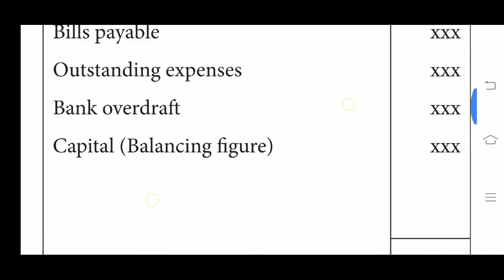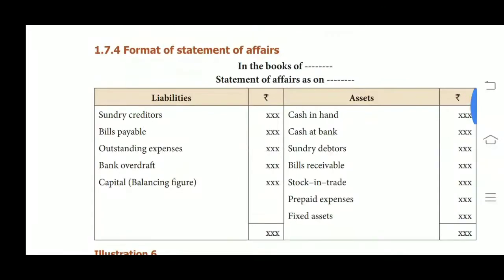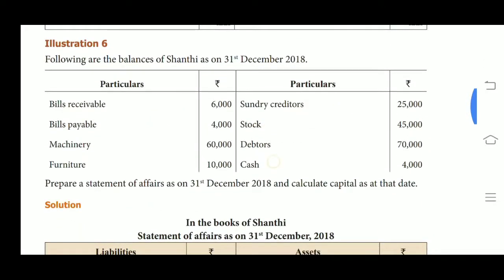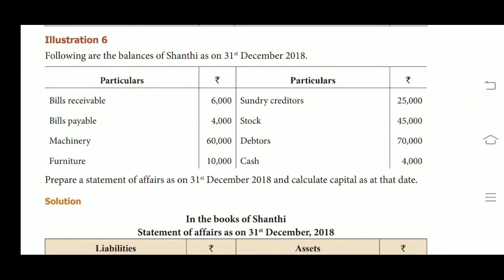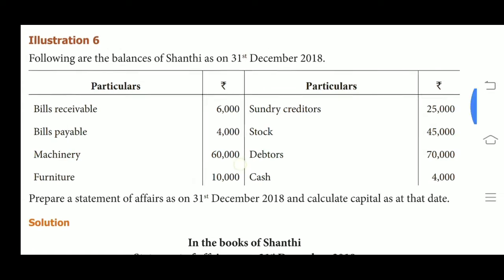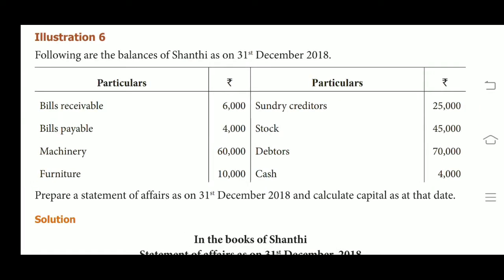Coming to question number 6, page number 9. Look at the book, students. Read the question. Following are the balances of Shanti as on 31st December 2018. So balance sheet is given in the problem: bills receivable, bills payable, machinery, furniture, sundry creditors, stock, debtors, cash.